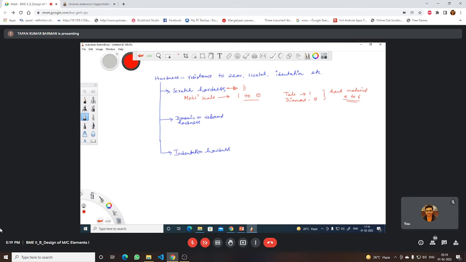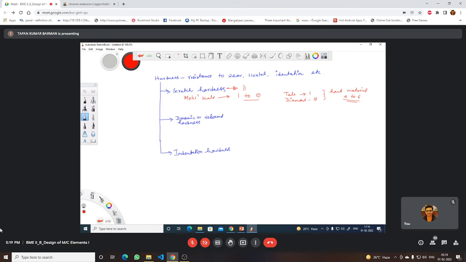That is basically the concept of scratch hardness. Using this Mohs scale, we try to estimate that, taking a range of 1 to 10. A very soft one, as talc is 1. If you use talc to scratch another one, there should not be any scratch. But with diamond, there should be a scratch. So that way we take the scale 1 to 10.